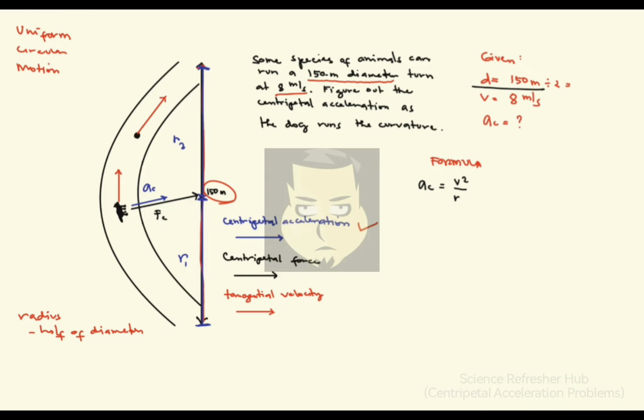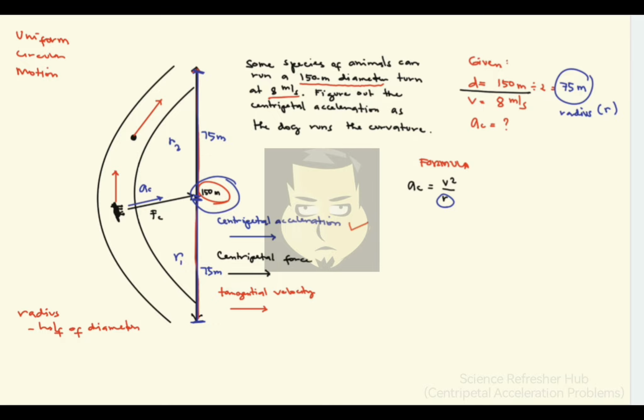Okay, 150 divided by 2, we have 75. Don't forget the unit meter. So our r1 is 75 meter, and the other radius here is another 75. All in all, it will be 150 meter as a diameter. So we already have the r. This is the value of our radius r, perfect for this variable here.